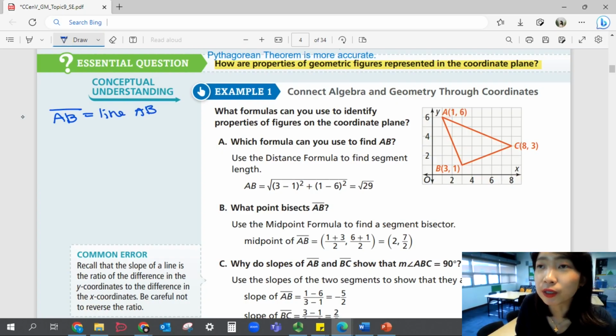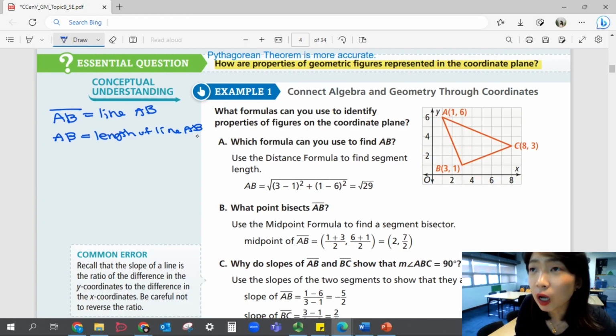These are just notation stuff that you need to know. If there is no line and it's just AB, that is not representing the line AB. It represents the length of line AB, or line segment AB. So they're different. So if they say which formula can you use to find AB, it's talking about the length, right?